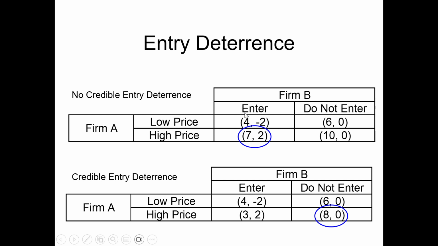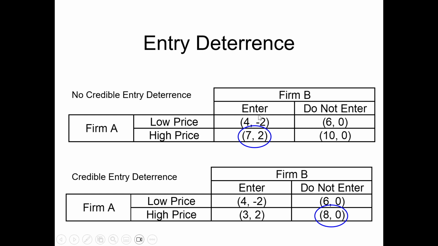Firm B has two options, either to enter or not to enter. Firm A has the options of a low price or a higher price. If firm A already has a low price and firm B has the option to enter the market, they can sustain, since it is already low priced.